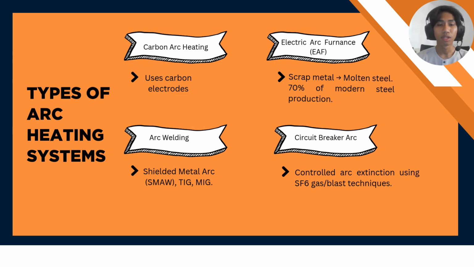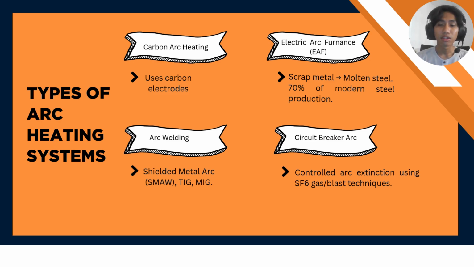It melts scrap metal using arc heat and accounts for around 70% of today's steel production, making it a critical part of the recycling industry. Then, in the field of fabrication and repair, arc welding systems are used. These include SMAW, TIG, and MIG, all of which use an electric arc to join metals.